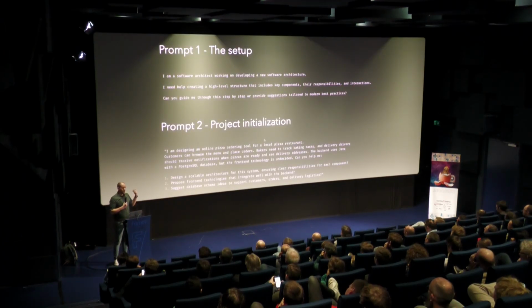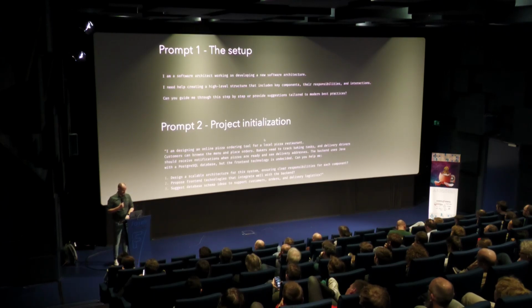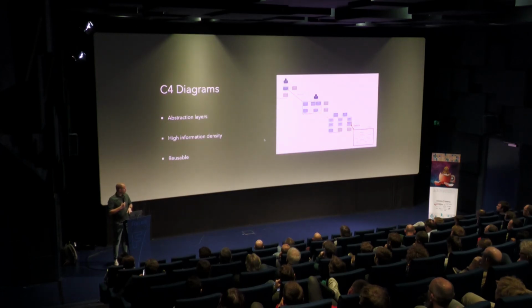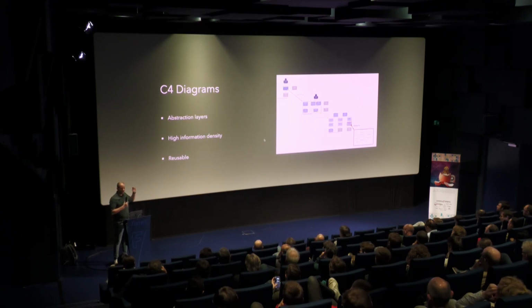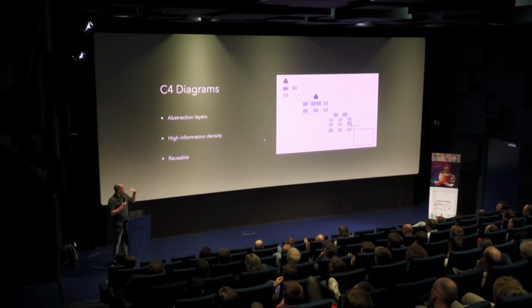Now, I've told you about the C4 diagrams and the ADRs and the fitness functions. Let's have a quick look at the C4 diagrams, because for the people that don't know them, they are diagrams that are able to zoom in on every level of your application, starting with the context diagram at the highest level, just to get a feel of your whole system context.